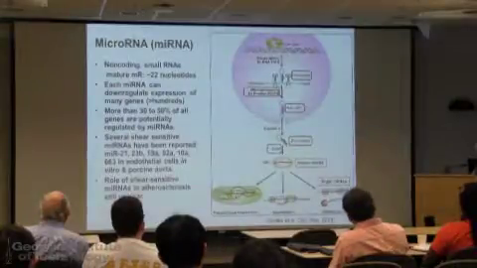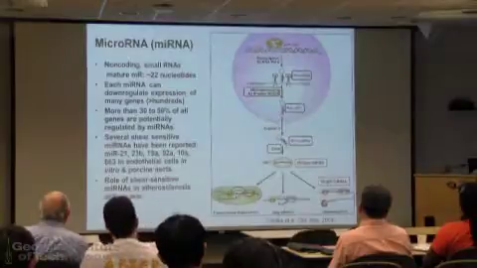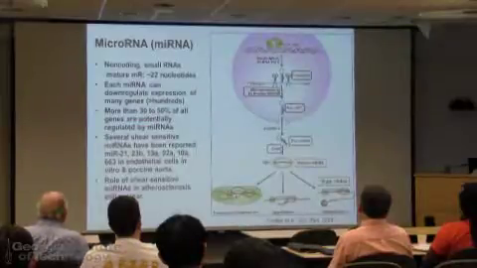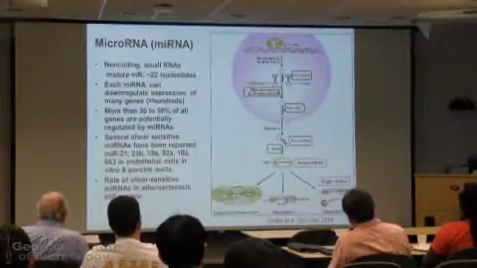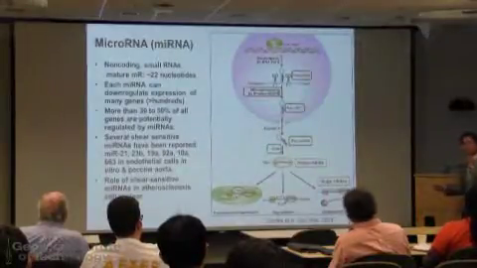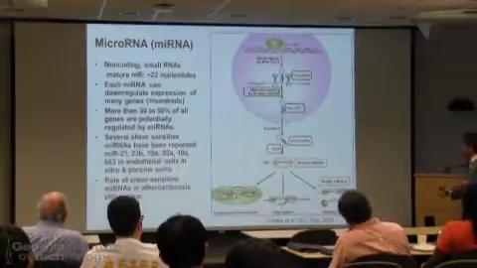Once you have the smaller pre-miR, it goes out into the cytosol through exportin 5, and then it uses dicer, which further processes pre-microRNA into mature form, and then it puts into a RISC complex.